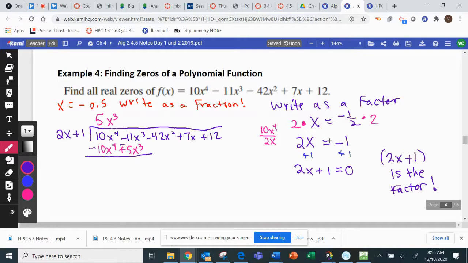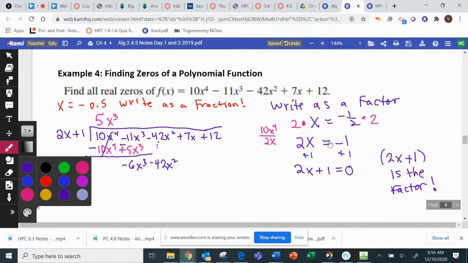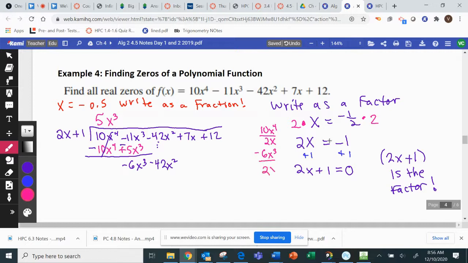And that leaves me with, this cancels out, negative 16x to the 3rd. Now we divide again. 2x, nope, I forgot. Bring it on down and bring it on back. Now I divide again. I'm going to divide the negative 6x cubed by 2x.